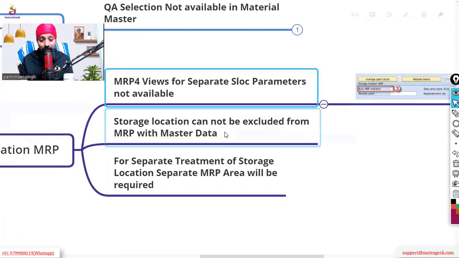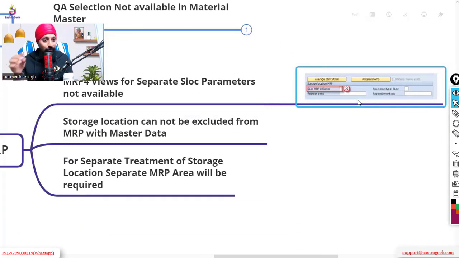Earlier, if you required to exclude a material from MRP at a storage location, you could maintain it here and it would be excluded for that particular storage location. But in S/4HANA, if you need to do that, you will require an MRP area. Why that complexity? It has been brought because the planning engine works in a different way.